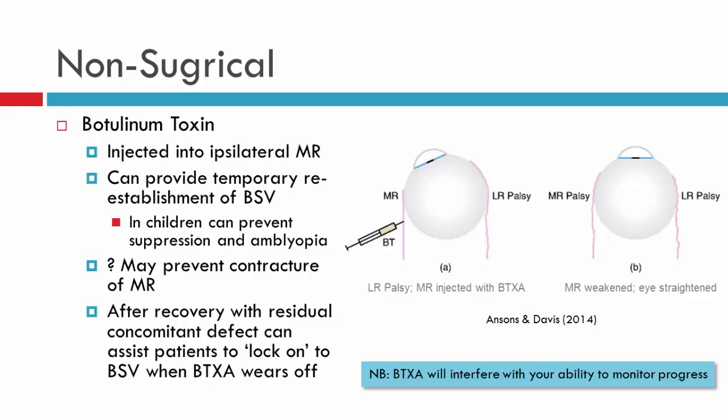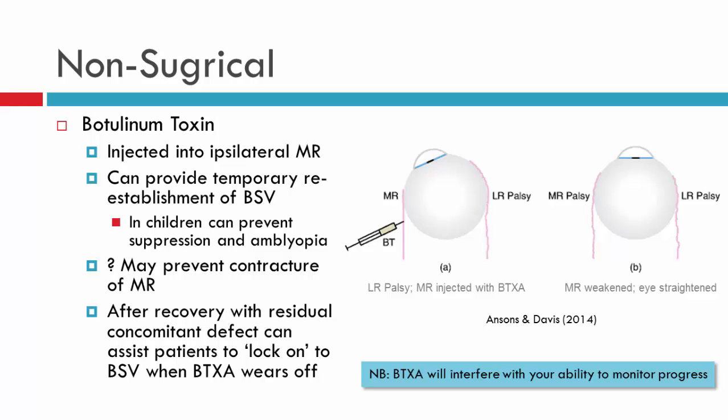This is relatively controversial and the evidence isn't strong in supporting this. So there are ophthalmologists who will do it for this purpose, but there are also ophthalmologists who do not believe that injecting the medial rectus will prevent contracture. So we'll have to wait for the evidence regarding whether it is or isn't effective in achieving this.